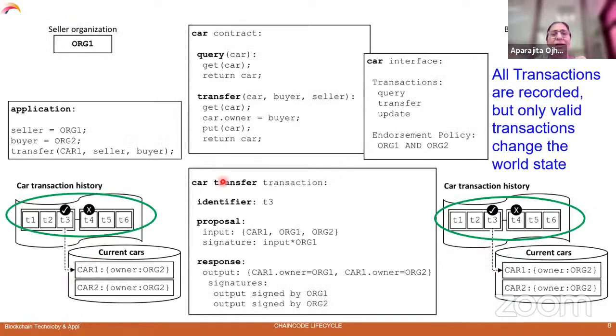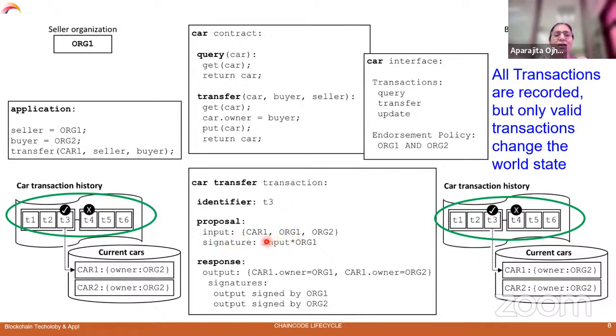Now, here I show you that this is a seller organization. This is the car interface. Now you have a car contract. You have a car transfer transaction that is taking place. The identifier here is T3. This transaction T3 is the identifier of this transaction.